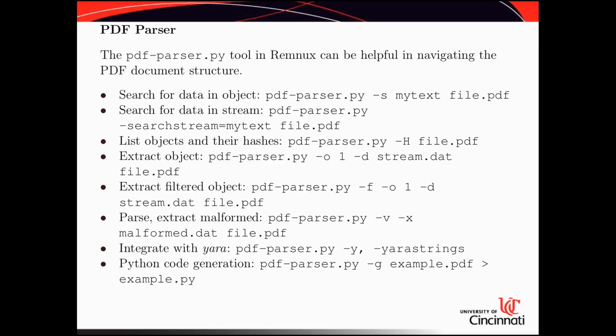And this might be useful, for instance, if you would like to write a modified version of that PDF. So basically, the idea here is that if you run this example.py with Python and you have the proper, I forget the name of the module, but it's a PDF construction module.